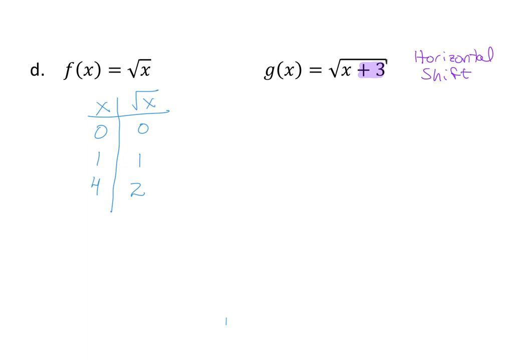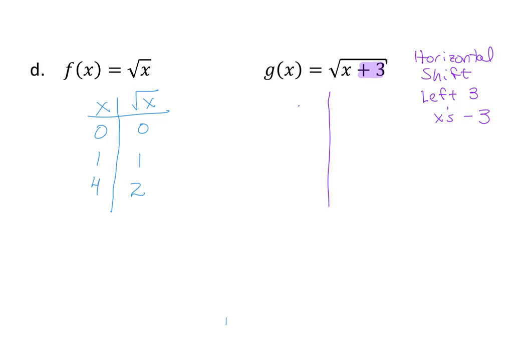Plus 3 would go to the right, but because it is horizontal, we want to do the opposite. And so we are going to go left 3. And in terms of our table, what this means is I want to take my original x values and I am going to subtract 3.